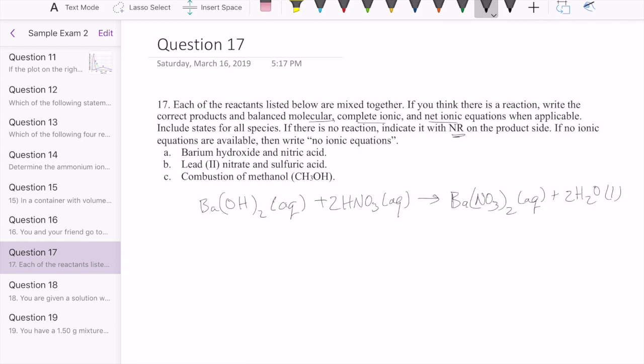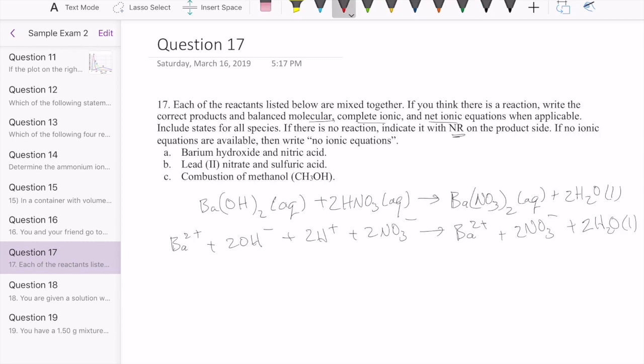And then for the complete ionic, remember what you have to do is write the separated ions for the aqueous species. So in this case, we're going to have Ba2+ and 2OH-. I'm going to take out the aqueous for now because we're going to cancel out some spectator ions, as you remember. 2H+, 2 nitrate, and then we have barium ion, 2 nitrate ion, and then water stays the same because it's liquid.